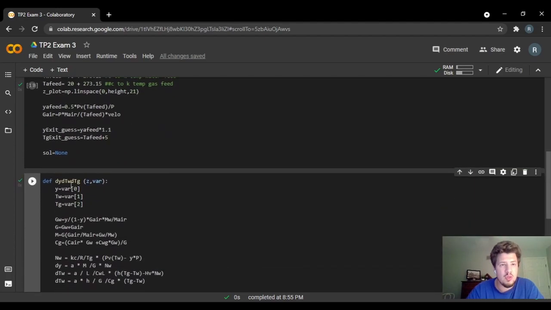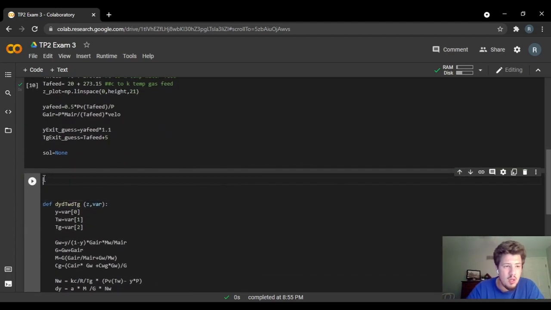Now we actually want to converge these equations. So we will define a converge error feed.